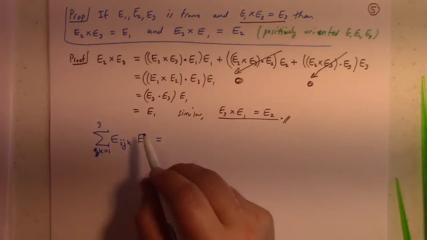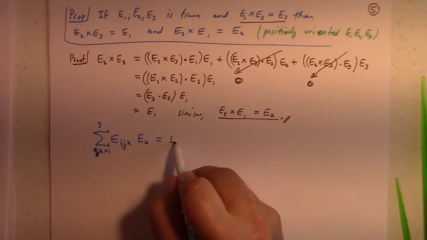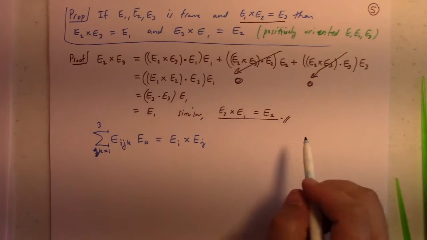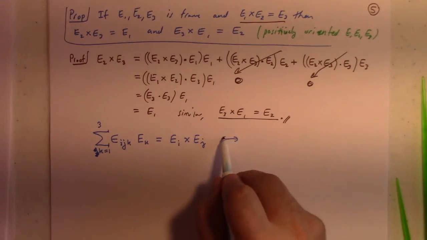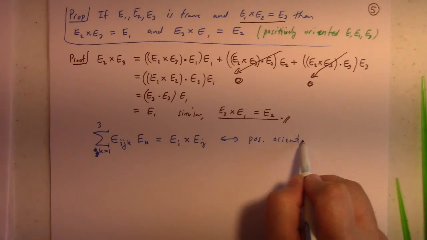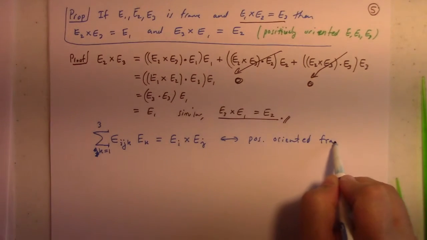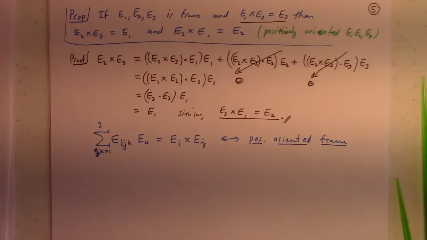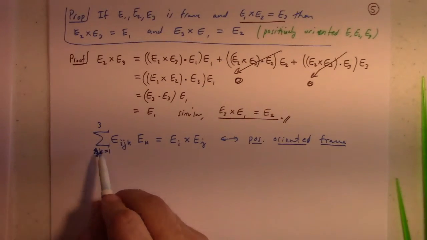So the sum over K equals 1 to 3 is E_I cross E_J. That's in short synonymous with positively oriented frame. That's just a quick way to write that the cross product of the first two gives you the third in terms of the Levi-Civita symbol.